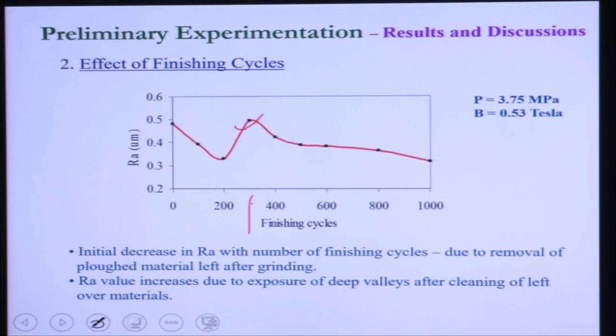During that time, with the increase in finishing cycles, your surface finish improves. So the Ra value increases due to the exposure of deep valleys after cleaning of the leftover materials, and the initial decrease in the Ra value with the number of finishing cycles is due to the removal of pored material left after grinding.